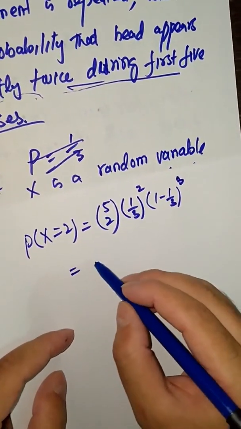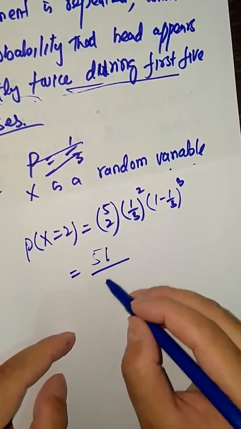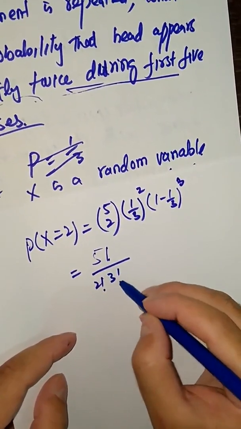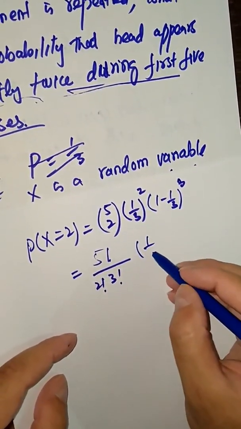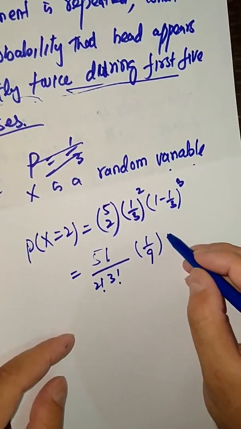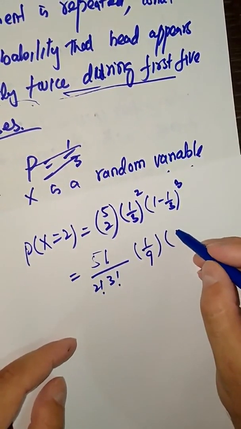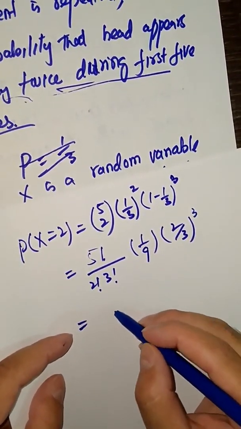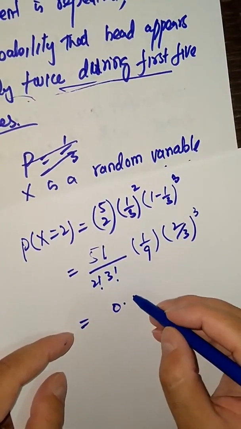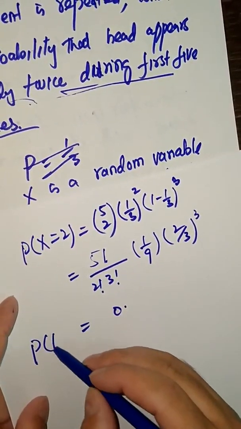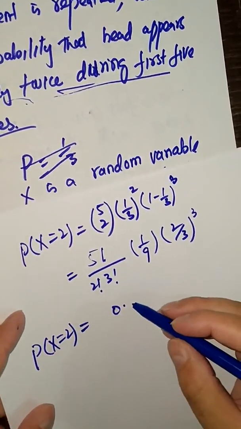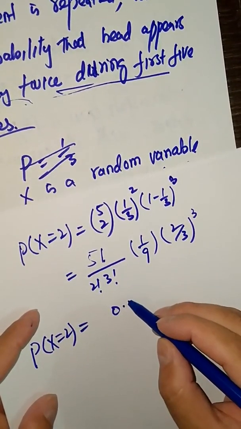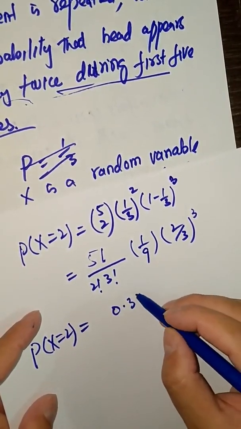So this is 5 factorial divided by 2 factorial times 3 factorial, times 1/9, times 2/3 raised to the power 3. After solving this, we will get the probability that exactly 2 heads will occur in 5 tosses is equal to 0.329.